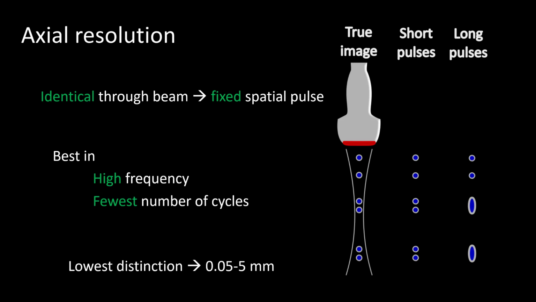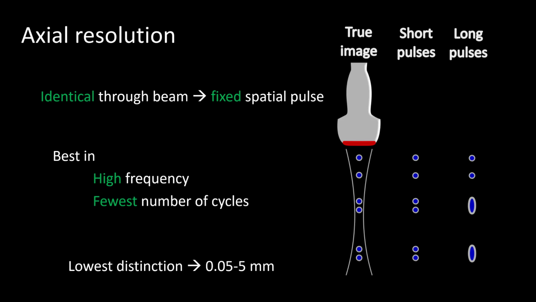The number of cycles in a pulse is usually minimized by the manufacturer, fixed and thus intrinsic to the transducer. Pulse length thus depends more on the frequency of the transducer, which means that high frequency leads to small wavelength. Smaller wavelengths can interact with smaller tissues in an organized fashion, and thus discern them better.